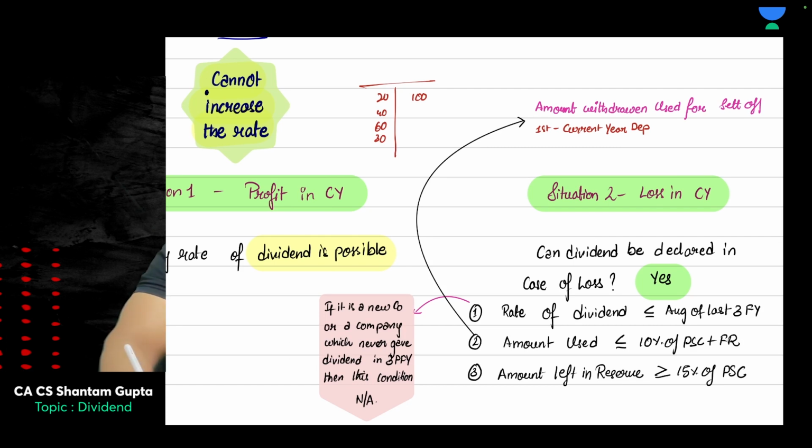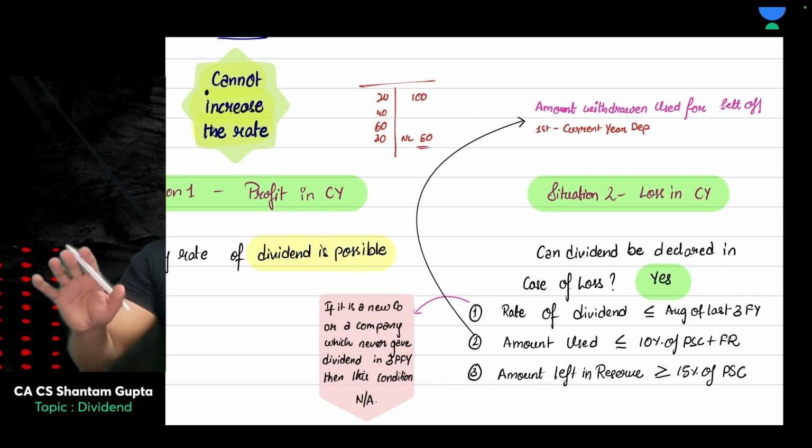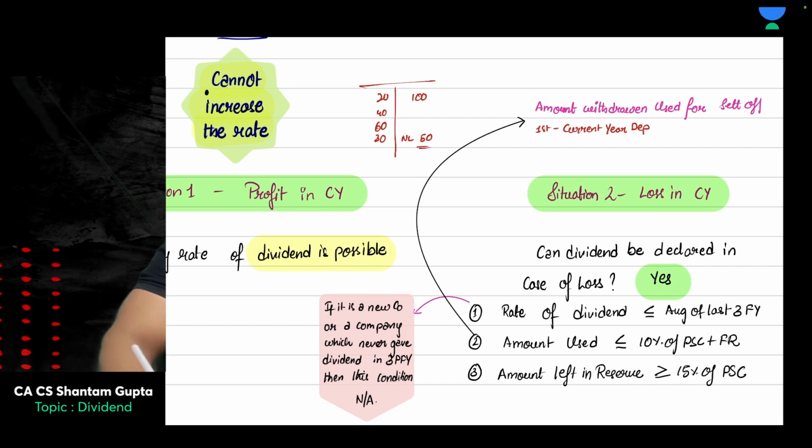You tell me what will be your net loss. 50 only. 50 is your net loss. Now understand this. Let's say this is salary, this is rent, this is miscellaneous, and this is depreciation.